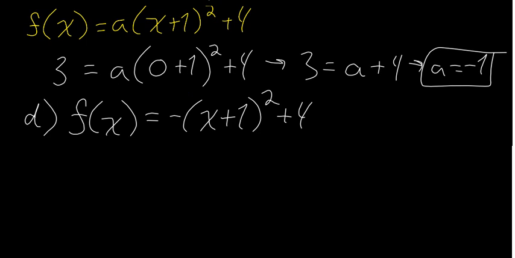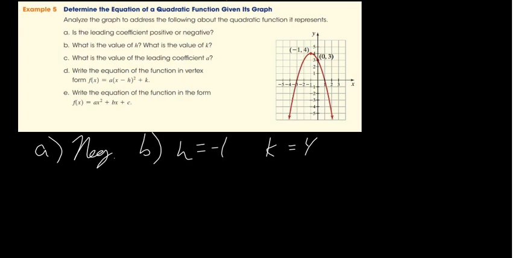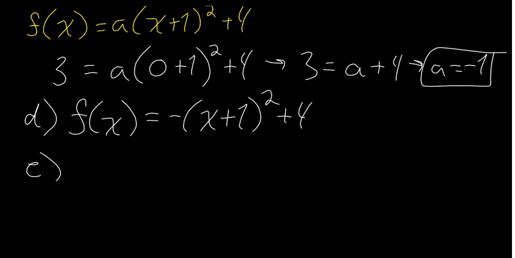Alrighty. And then E: write the equation of the function in standard form. Now we're going to write it in our normal quadratic form. All we have to do is take this and expand it. So let's do some expansion here.